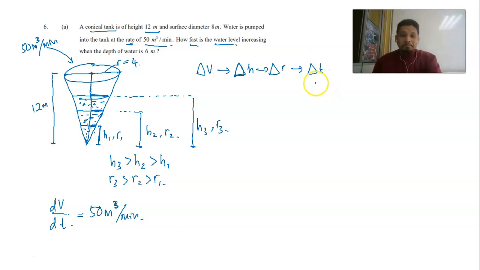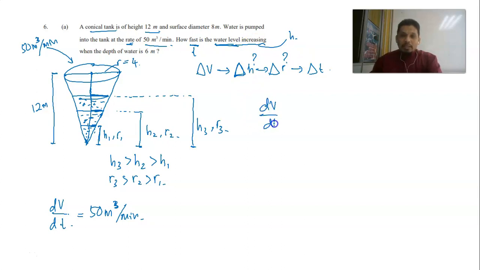Okay, now from this question, water is pumped into the tank at a rate of 50 meter cube per minute. How fast? Fast means we have to do with time. And then the water level increases. Is it about height or radius? Yes, it is height. The water level increase has something to do with height.